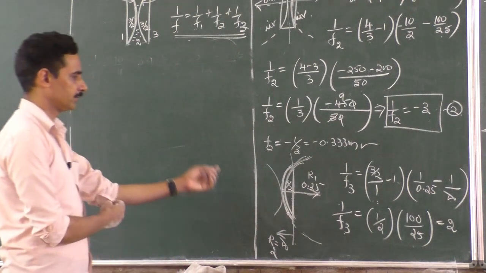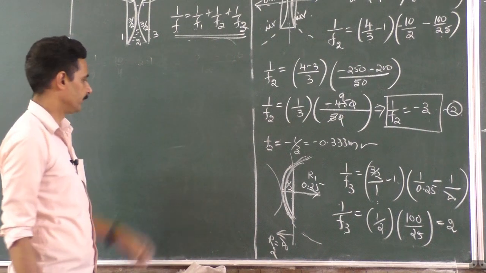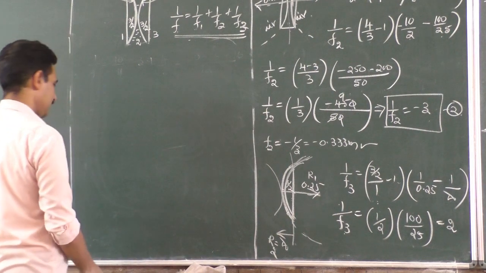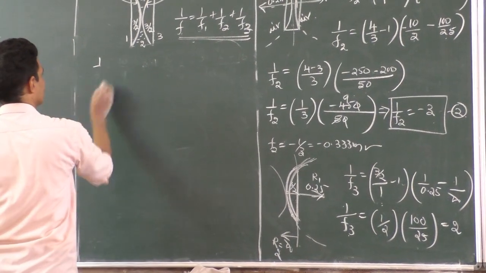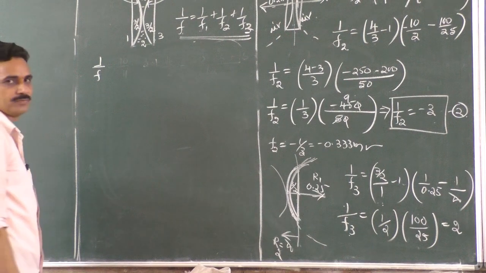So shall we come to the total focal length of all the combination? Then we will have to apply this formula. So total focal length of the combination is given by 1 by f is equal to 1 by f1 plus 1 by f2 plus 1 by f3.